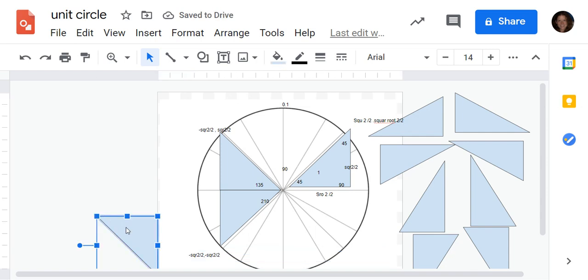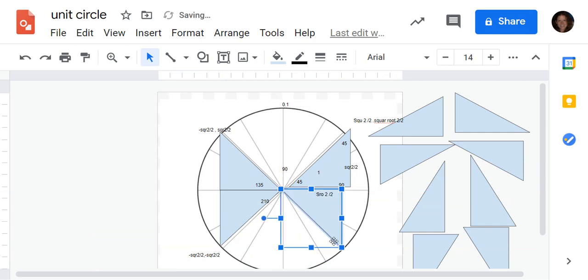Okay? And then we have this other one here, this last one. So this is, instead, 45 less than 360. So this right here will be at 315 degrees.